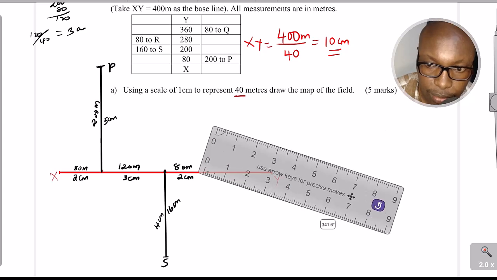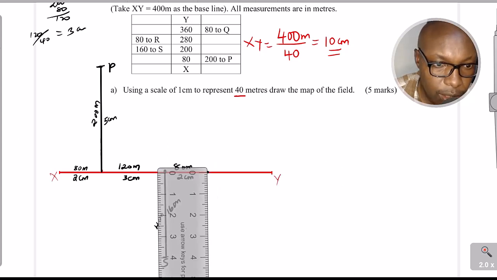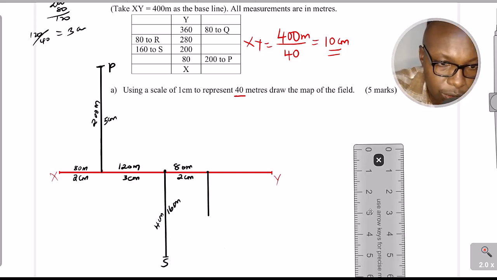So from that point, that is 2 centimeters. So now this is R. That distance is 80 meters, which is equivalent to 2 centimeters.